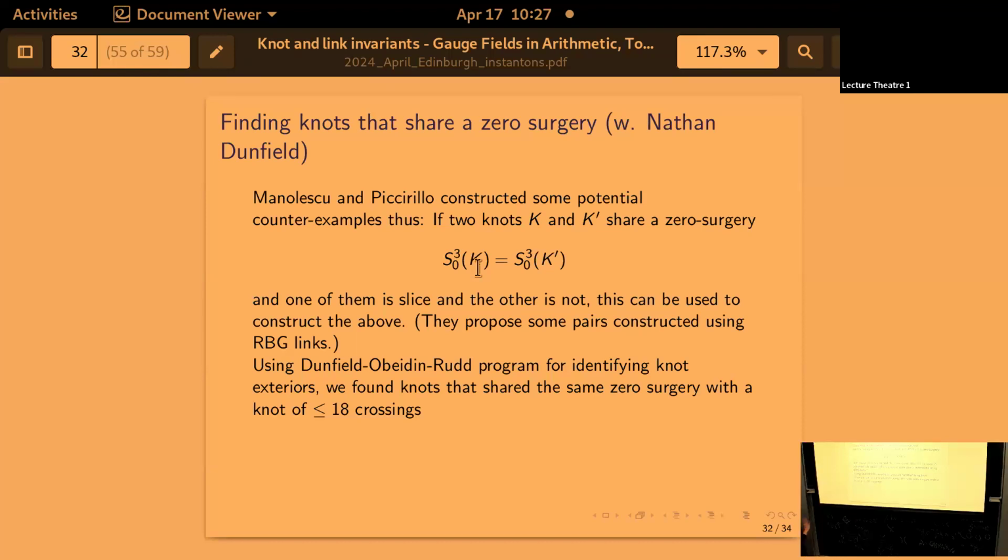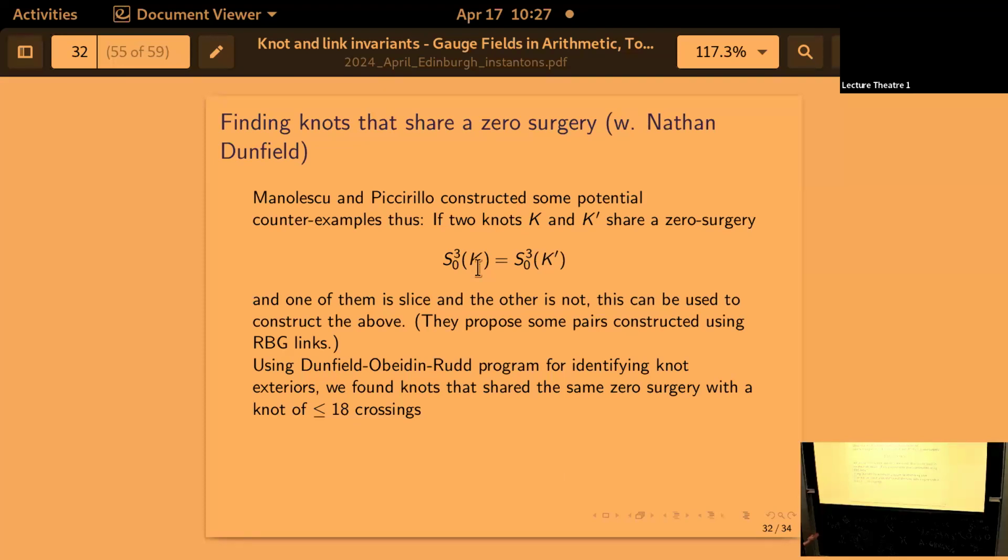This is part of a larger project, which was, this is supposed to say 19 crossings, by the way: take all the knots of up to 19 crossings, for which there are around 350 million, and figure out for each of them whether it is slice or not, like whether it has genus 0 or not. This is joint work with Nathan Dunfield. Out of these 350 million knots, we were able to solve all of them except for around 12,000.